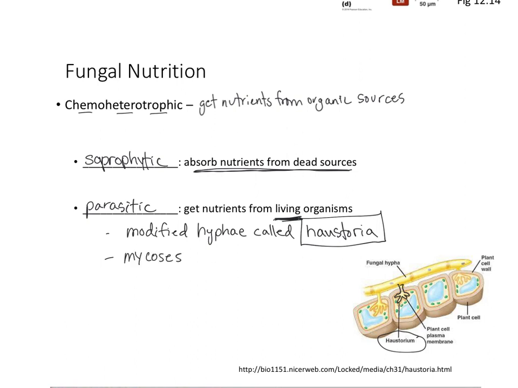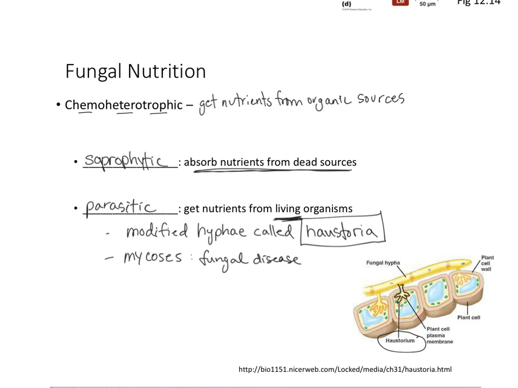I think I used that term earlier. Okay, so again, that's a fungal disease. Okay, so that's pretty much some basic information about fungi.